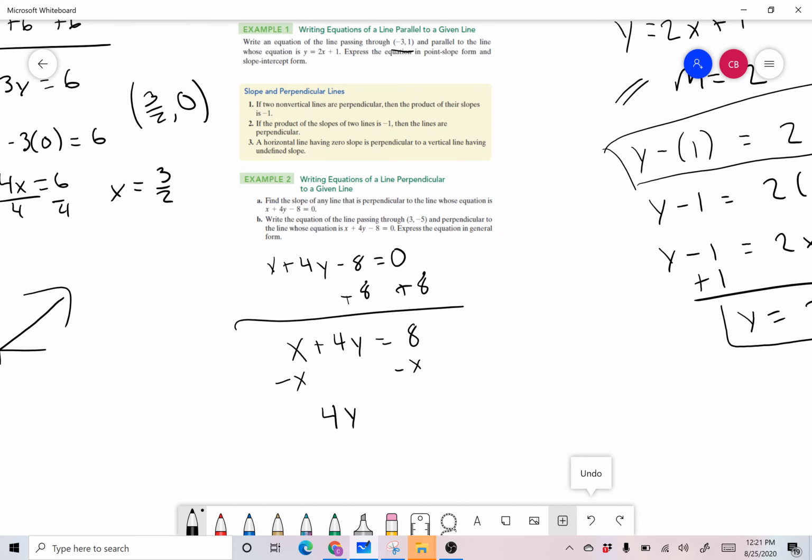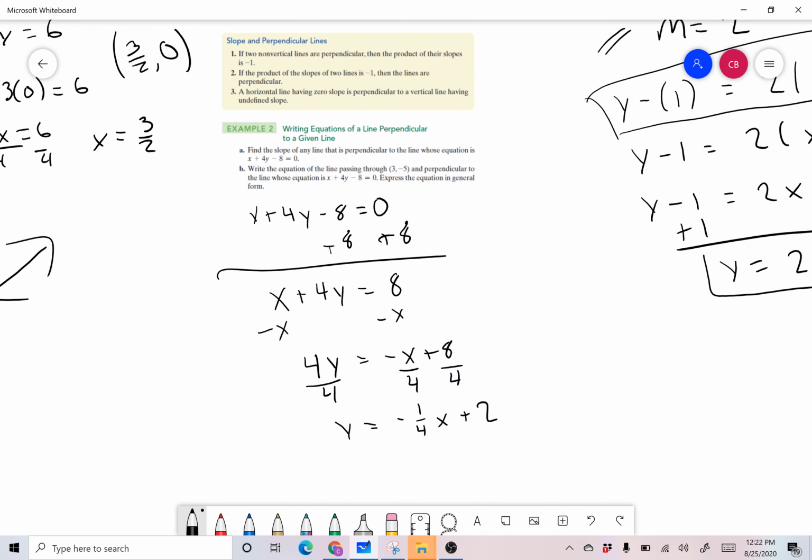Okay, so that's the slope of this. The slope here is negative 1/4. If we want to negate and reciprocate, we need this to flip over. So that's going to be 4 over 1, and change the sign to positive. So this is simply m is equal to 4. That is the perpendicular slope.